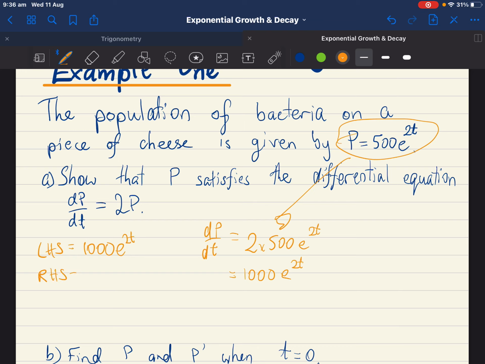The right-hand side is 2P, which funnily enough ends up being the exact same thing. So the left-hand side is equal to the right-hand side. In other words, the equation does satisfy the differential equation.